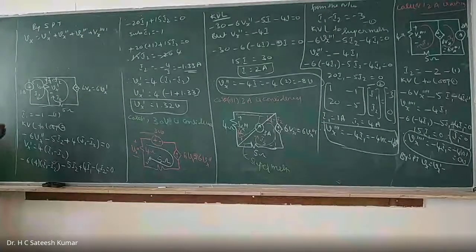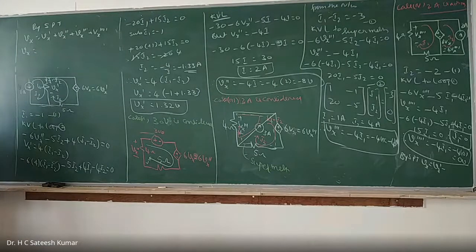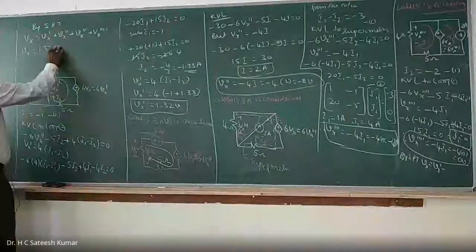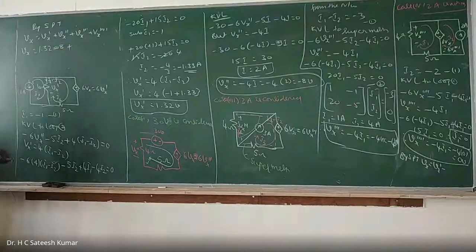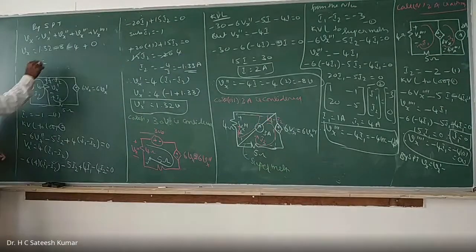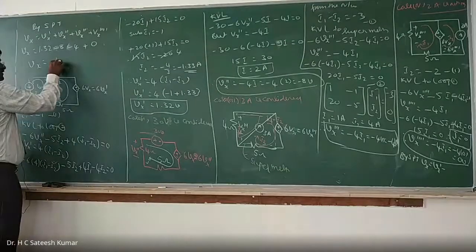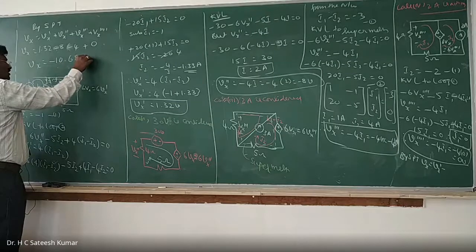Now Vx dash is how much? 1.32, plus Vx double dash, minus 8, plus Vx triple dash, minus 4, and plus Vx 4 dash, which is 0. Therefore, Vx is equal to minus 10.68 volts.